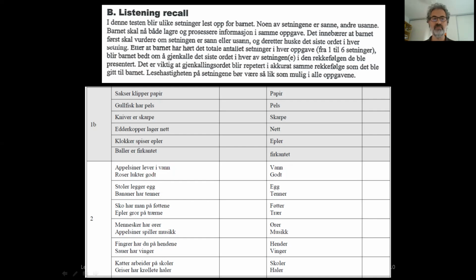So the child must remember this word and retain it in memory until this sentence has been responded to. And for someone who can respond at this level, then you go on to triplets, so 3 sentences at a time and upwards. And this becomes very difficult and requires a lot of concentration.